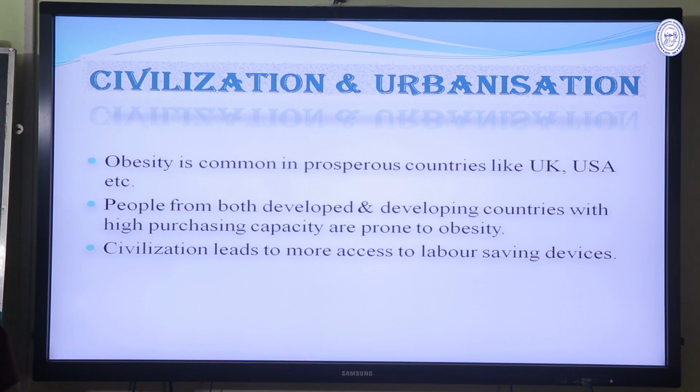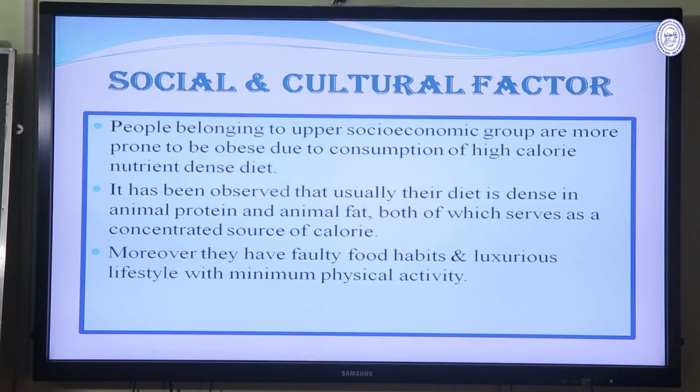Civilization even leads us to have lots of labor saving devices that are reducing our daily labor, our physical activity, and leads us to a very inactive and sedentary life, and this is ultimately resulting in obesity.